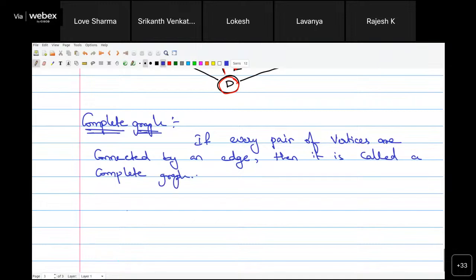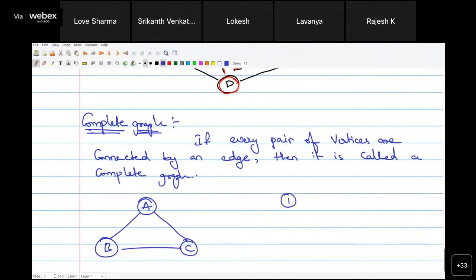For example, let us start with 3 vertices, and I will show 4 vertices also. For 3 vertices, you pick any pair of vertices, an edge is there. Those two vertices are connected by an edge. So this is a complete graph of 3 vertices.